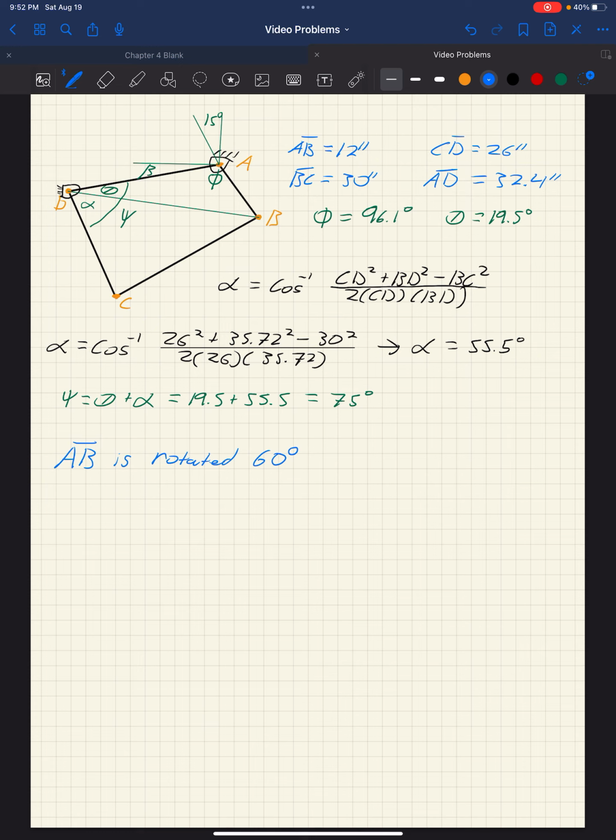So if AB is rotated 60 degrees up, AB is rotated 60 degrees clockwise like so. Our angle phi is going to get bigger by 60 degrees.